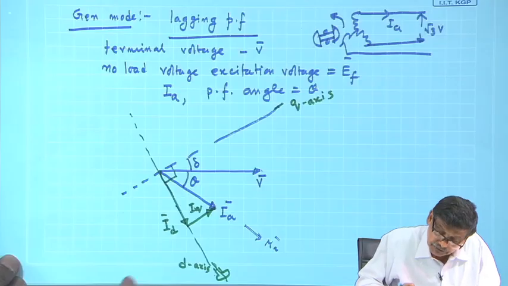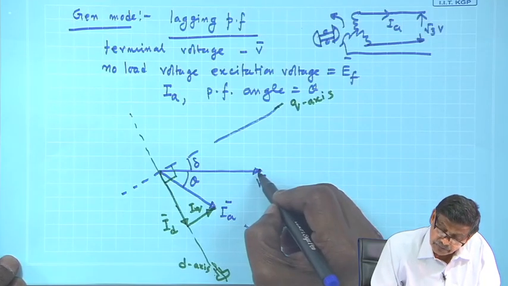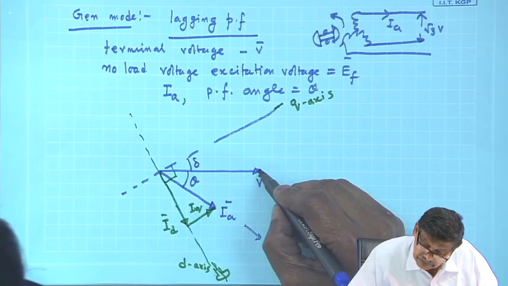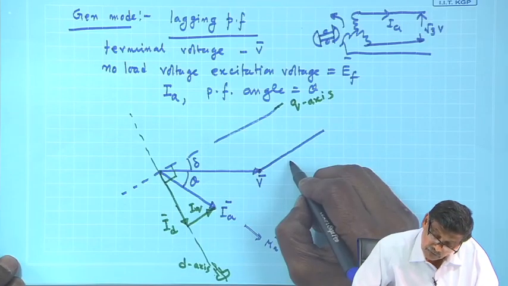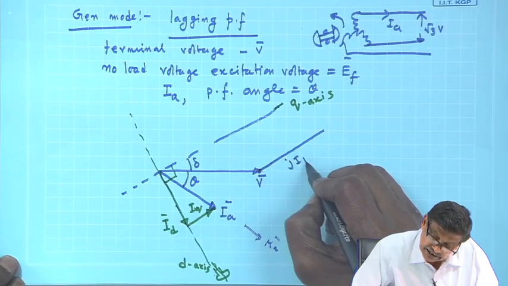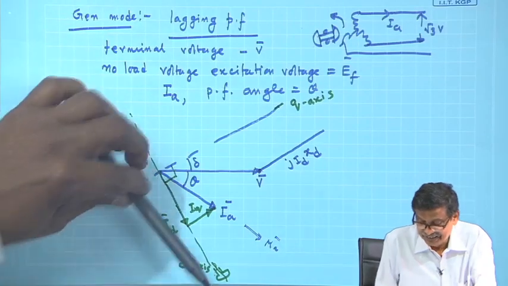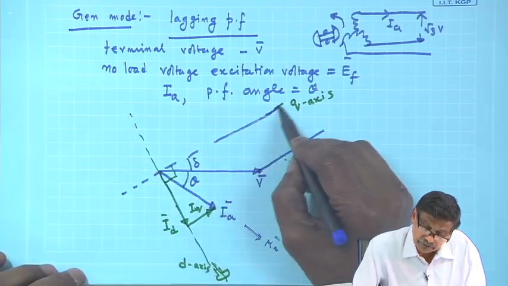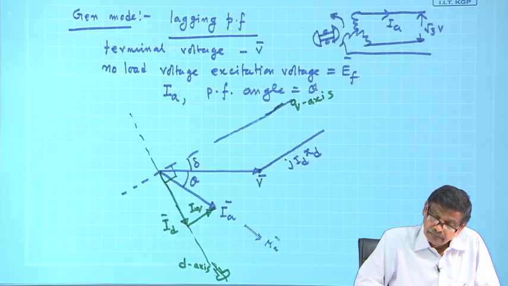Then what I am going to do is add to V a voltage j Id Xd. Id is here, its drop is 90 degrees ahead, so this drop will be parallel to the q axis, j Id Xd.